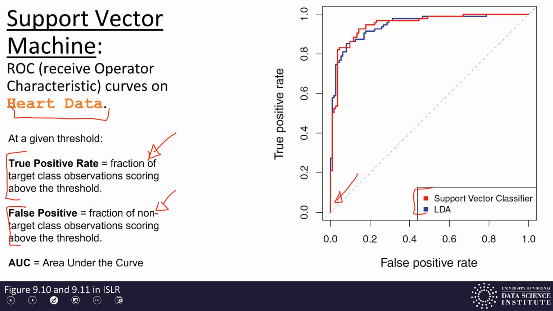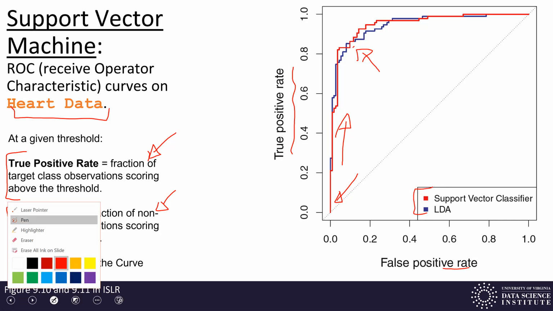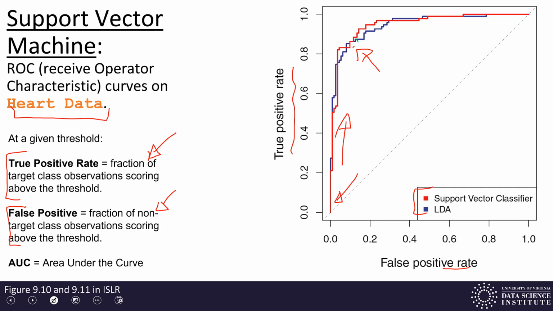So you have 0 true positives, but you also have 0 false positives. As you increase your probability, you move along this line, and then maybe a probability of 0.5 is somewhere up here where you're getting a lot of your actual heart attack cases detected because they would be above that probability, and you have some moderate number of false positives down here. So let's pick a different color for a point right here.